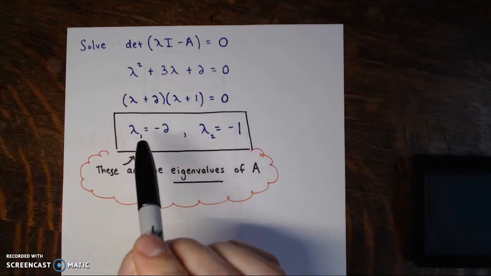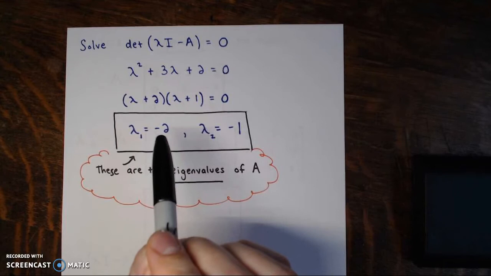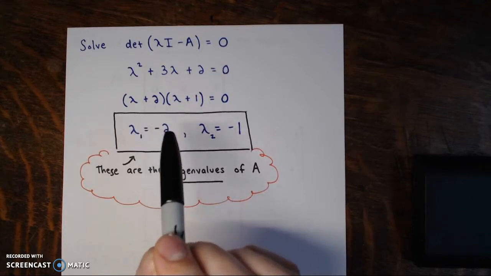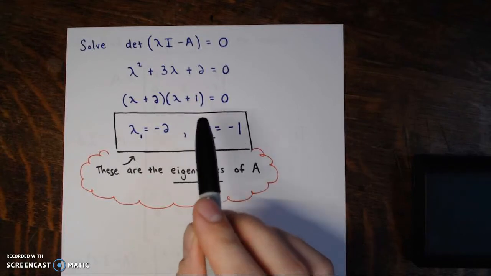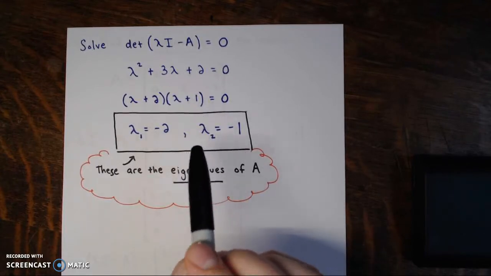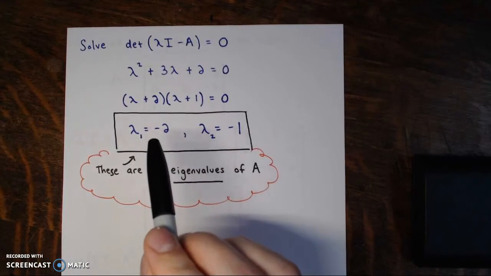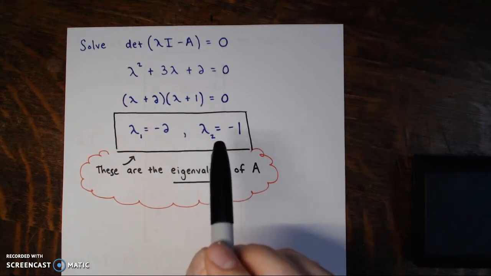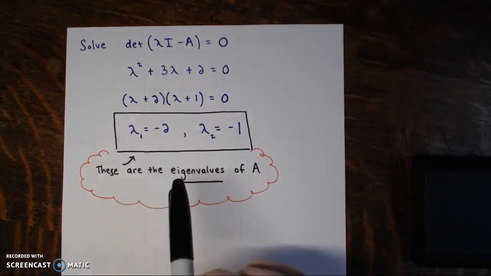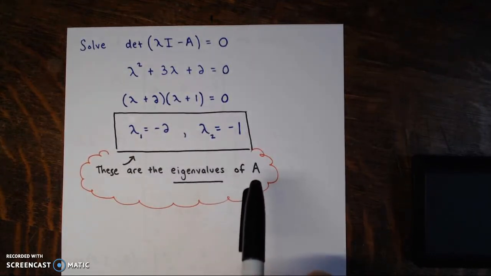So one of them we'll call lambda 1, negative 2, which makes that factor 0. And the other I'll call lambda 2, negative 1, which made that factor 0. Either way, these numbers, negative 2 for lambda 1 and negative 1 for lambda 2, would be called the eigenvalues of matrix A.